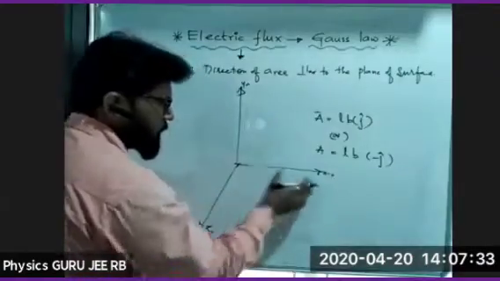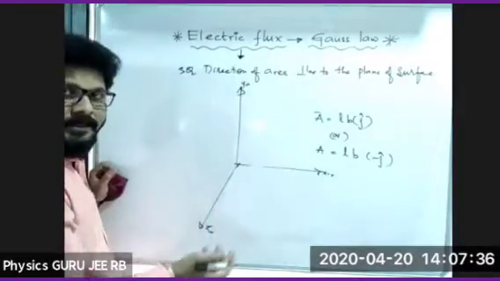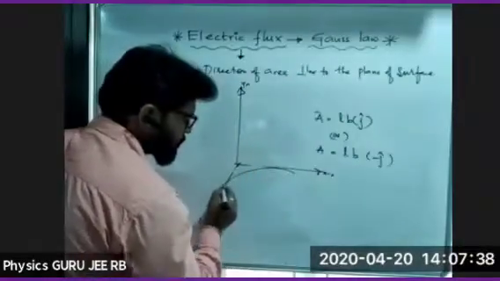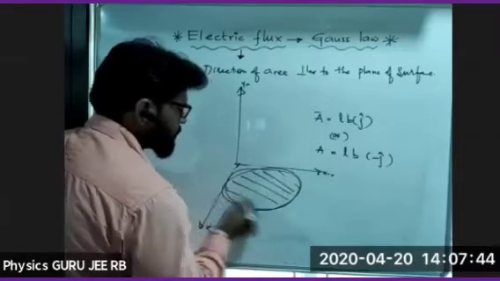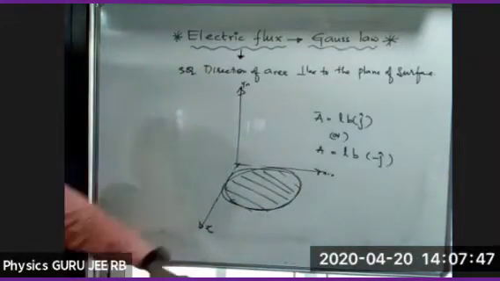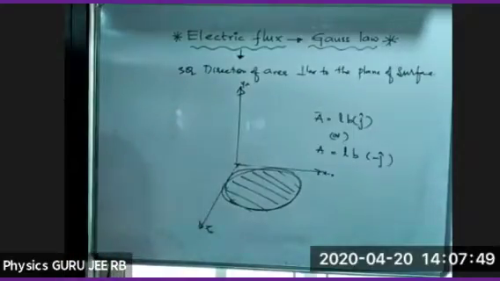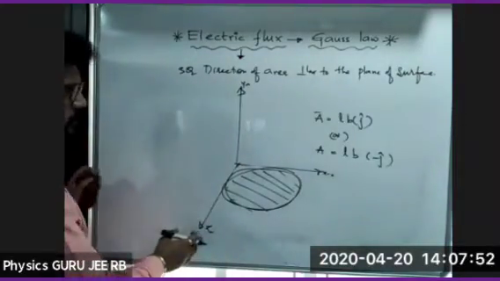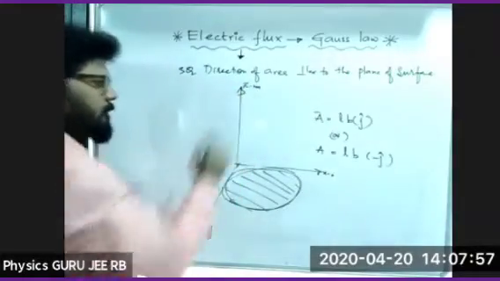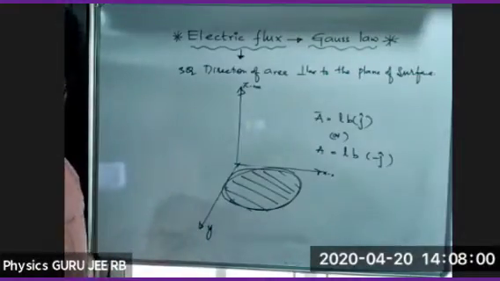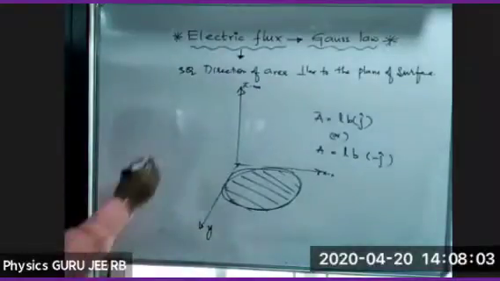So now I'll take, in the XZ plane only, a circular shape like this. If I ask you to calculate, this is a circular shape. Now, what is the area? So X, Y, and Z. Let us take it as the Z axis. Can anybody tell what is the area?